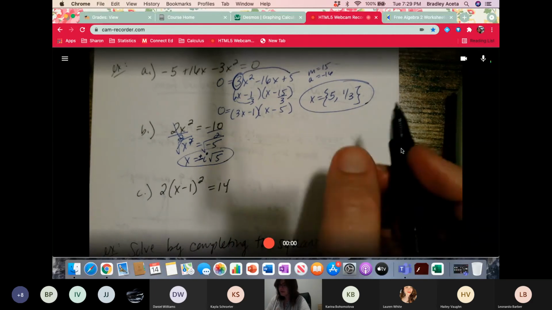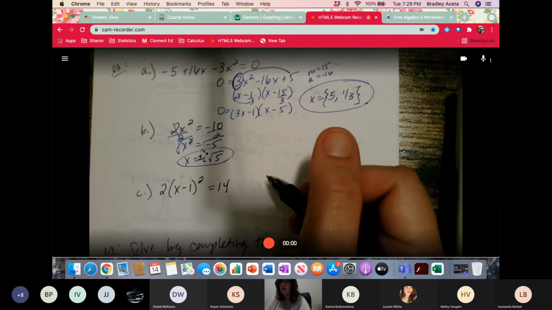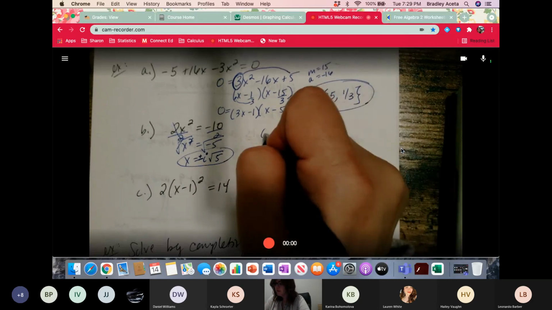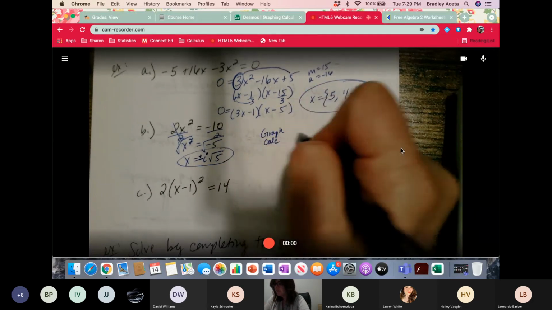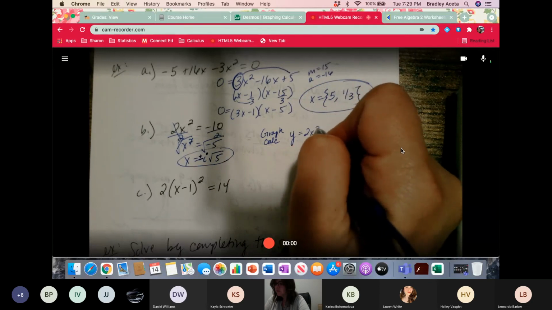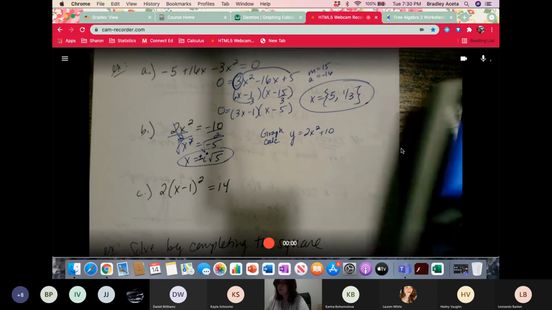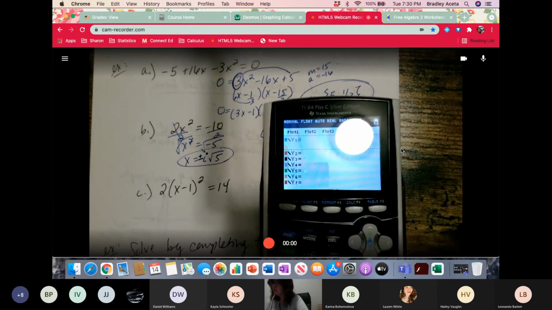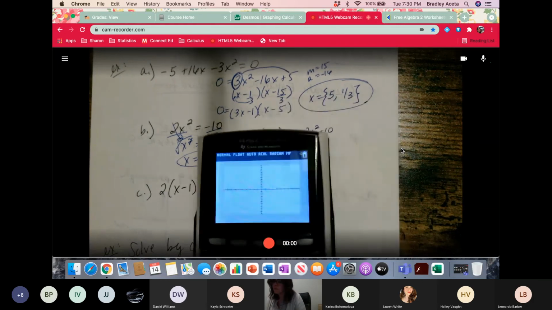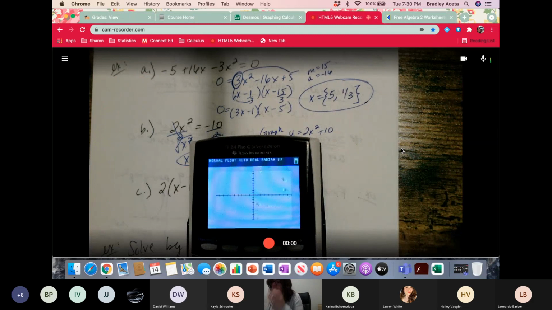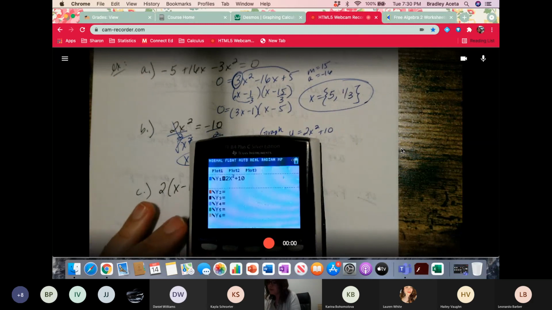However, if I were to graph this, because again, I'm trying to get you ahead of the game, if you were to put this in the graphing calculator as y equals 2x squared, and then you bring the 10 over, plus 10, just to show you, 2x squared plus 10. Oh, I know I'm out of the window range, actually. Zoom out.